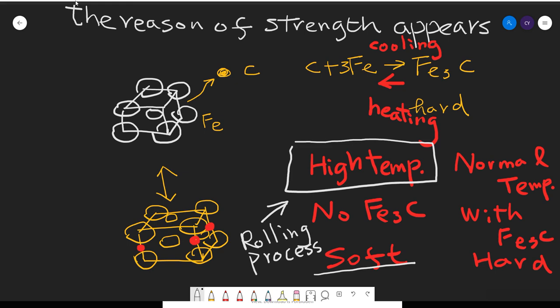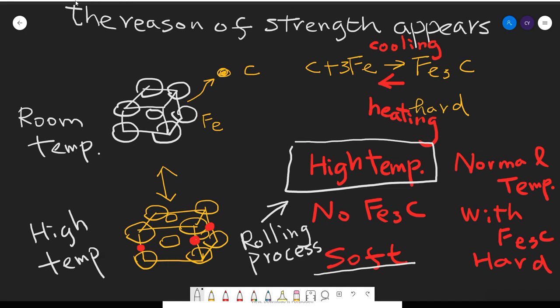So we need to know that this case is room temperature, and here is high temperature. In high temperature, all the carbon goes into the FCC structure.